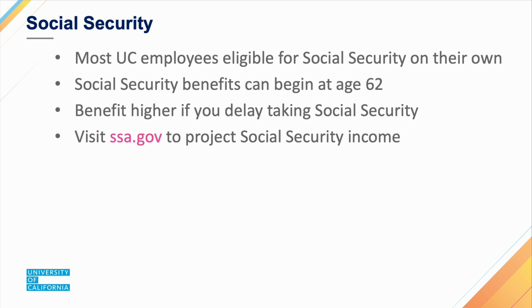A third potential retirement income source is Social Security. Now, most employees pay Social Security taxes through their UC employment, and UC is also contributing to Social Security on their behalf. You can receive Social Security benefits as early as age 62, but the age at which you can receive your full benefit depends on the year in which you were born.